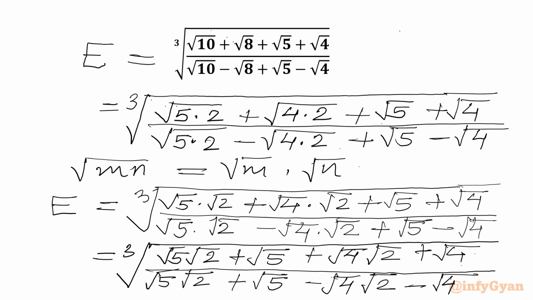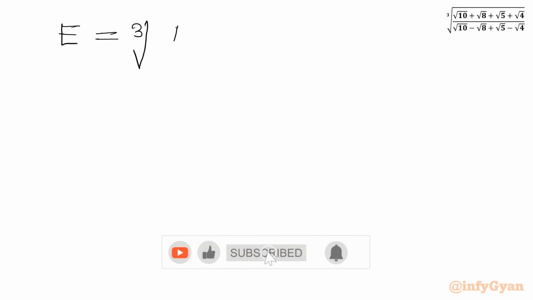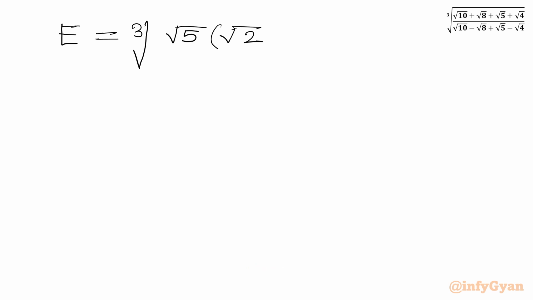Now from the first two terms, we will take root 5 common in the numerator and in the denominator. And from the last two terms, we will take root 4 common. So we will get E equal to the cube root of, root 5 is common, so we will get root 2 plus 1 in the bracket.